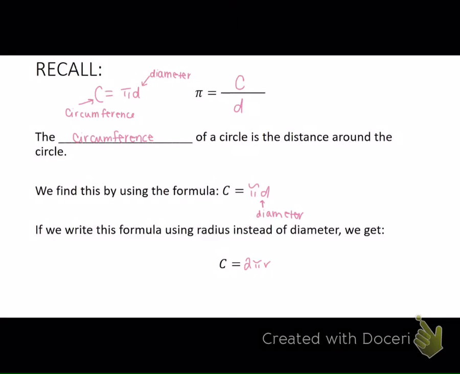So these should be familiar to you. These are the circumference formulas. Sometimes you'll do 2 pi r or you'll just do pi d. It does not matter which one you use because the radius is half the diameter, so if you double it, it becomes the diameter. So that's the first thing there.